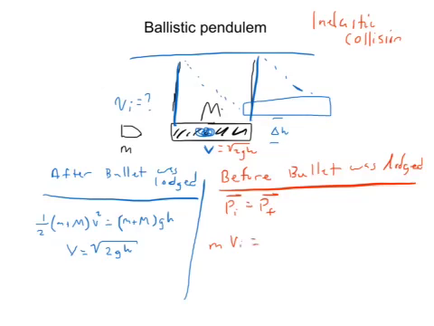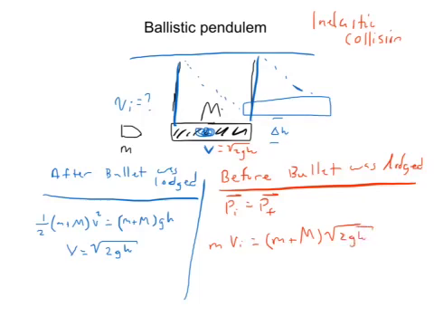And eventually all of that momentum gets transferred into the bullet and block system, which is going to swing upwards. So that's going to equal the momentum at the moment when it has this velocity, which we found there. So this equals mass of the bullet plus mass of the block times the velocity of them moving together, which is the square root of 2gh.